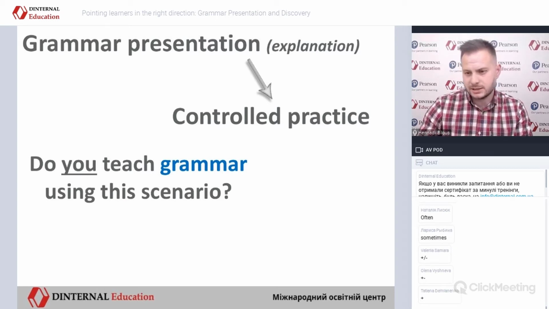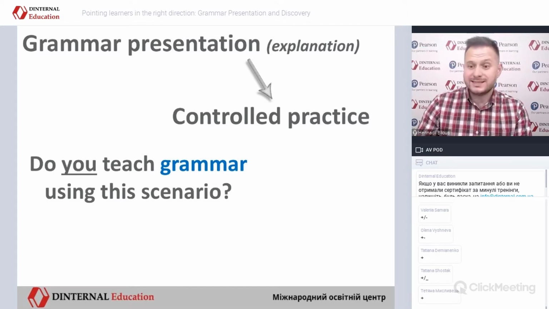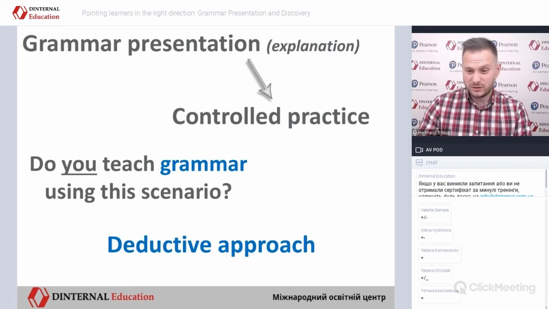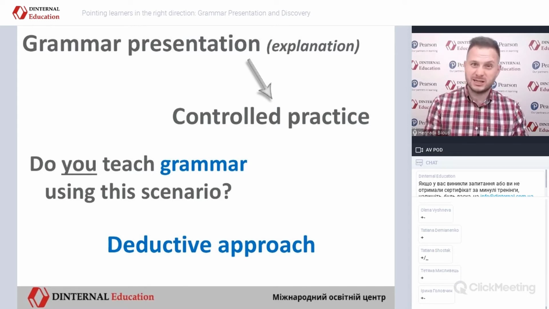And actually, I saw one participant there, Tatiana Gabrin, sorry if I mispronounced your last name, who wrote that it's a deductive way, not so interesting for students. And Tatiana, thank you very much for giving the name. And actually, yes, if you remember, I was telling you we're going to have a look at two broad approaches, which were deductive and inductive.